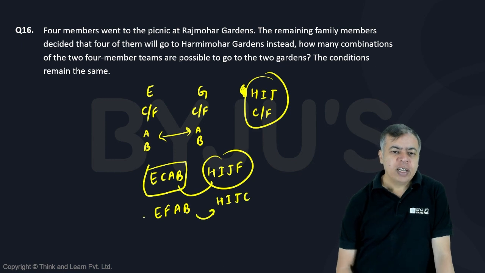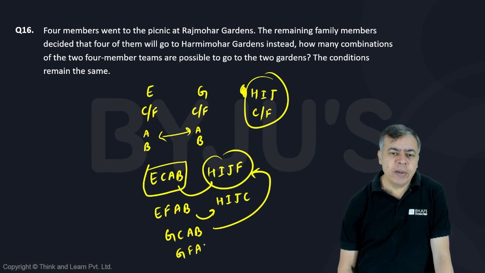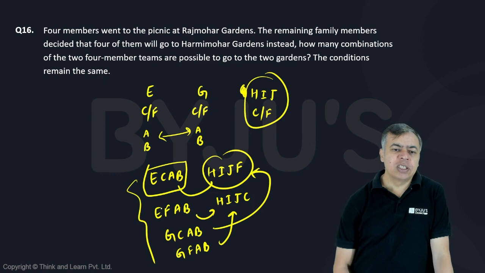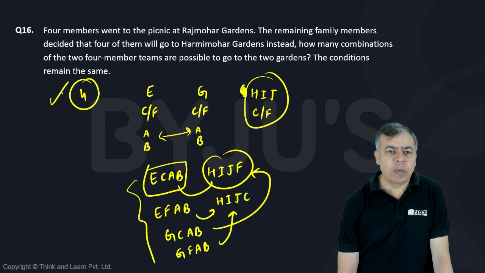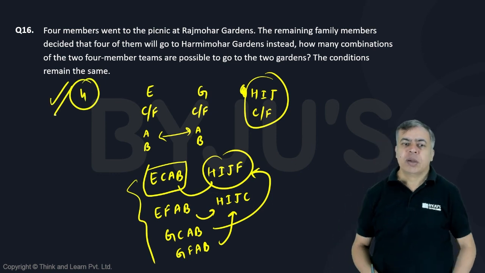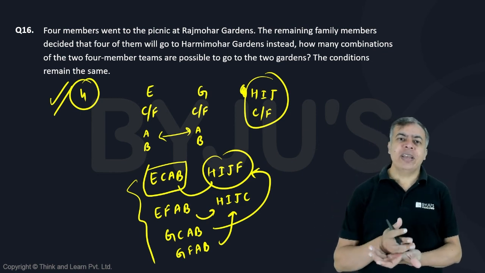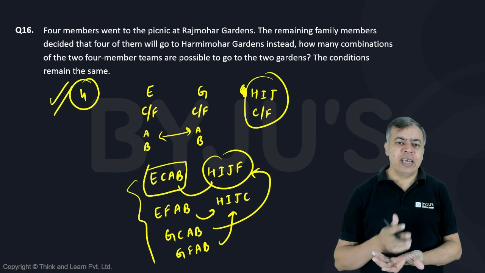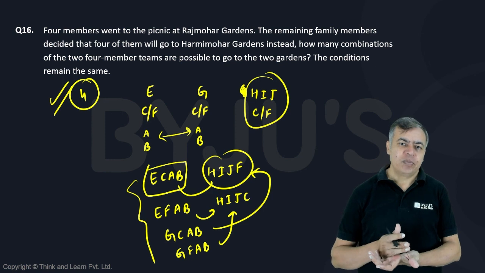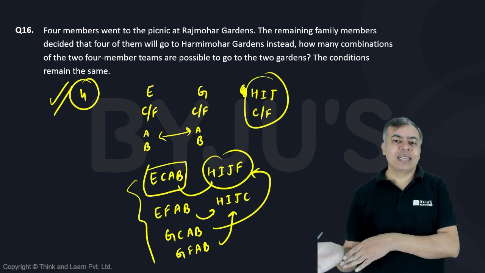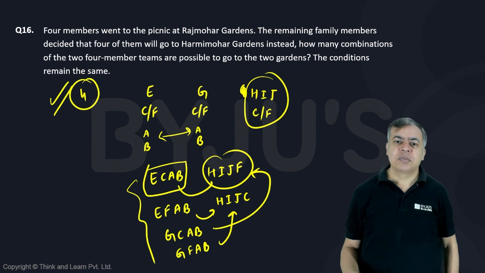Instead of E, if you take GCAB, then again you can have this team. If you take GFAB, then you can have this team. That means there are 4 possible combinations, because one team you need to take from ECAB or EFAB, or GCAB or GFAB, and one team you need to take from HIJ with C or F. Okay.